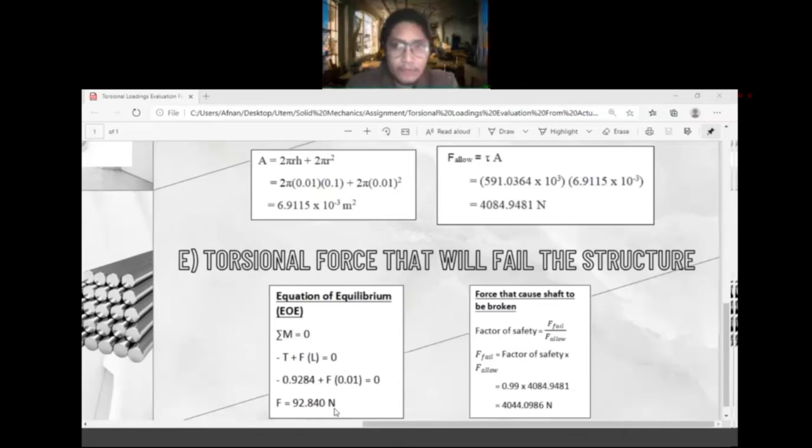And then the final one is the force that caused the shaft to be broken. By using the formula of factor of safety equals F fail over F allow, we can find the value of the force fail by calculating the factor of safety times the allowable force.